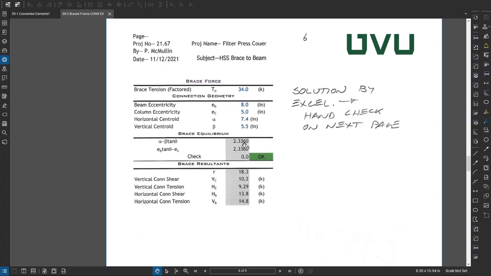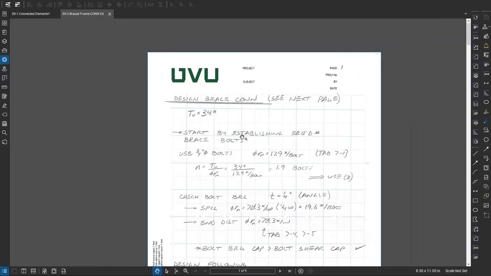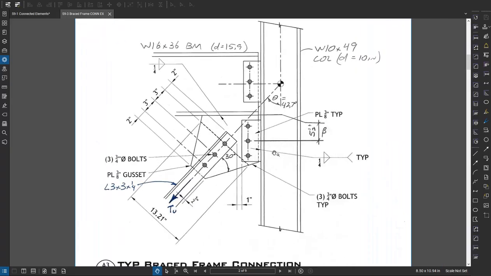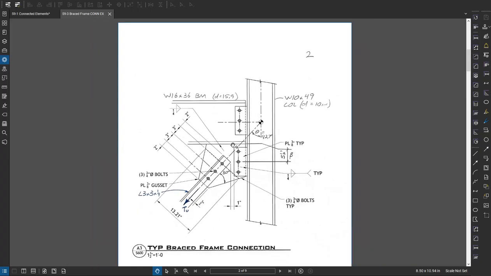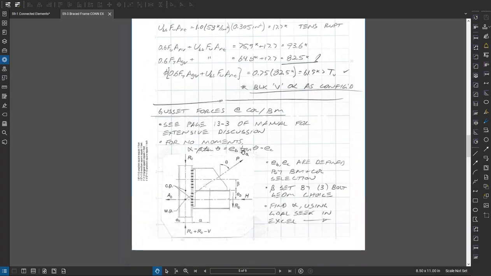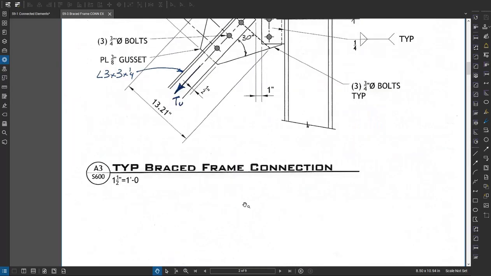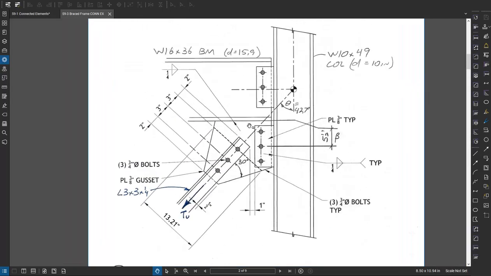In this case, I defined this beta as 5.5 inches, so 3 plus 1.25 inches plus 1 inch, roughly. Then my EC is from the center line to the face, and EB goes from this gusset interface to the center line of the beam.